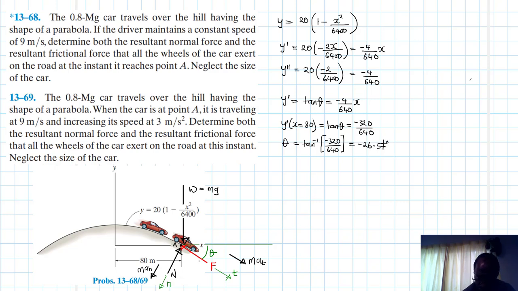Okay, so 4 by 80, minus 4 by 80 divided by 640, tan inverse of that is minus 26.57. So the minus here simply means this angle is clockwise. We can also write it like this, and this angle shows that it is like so. Okay, this is what it means. All right, clockwise, like that.